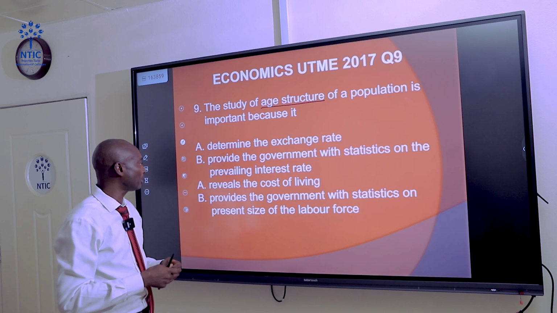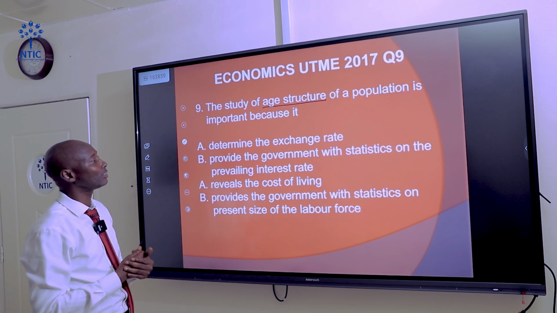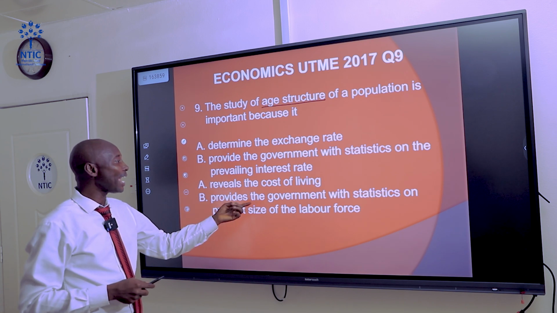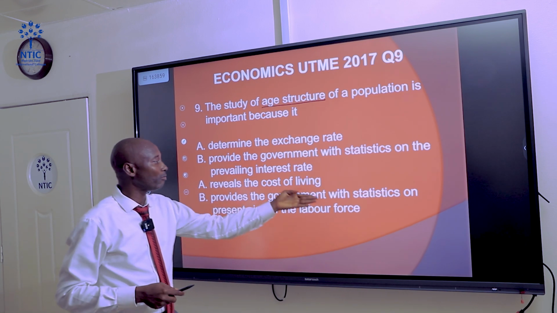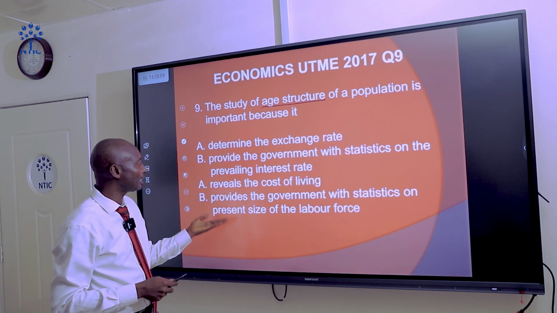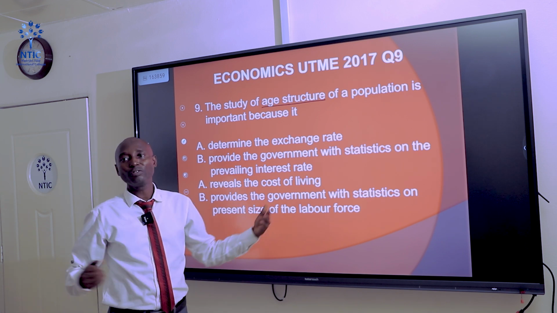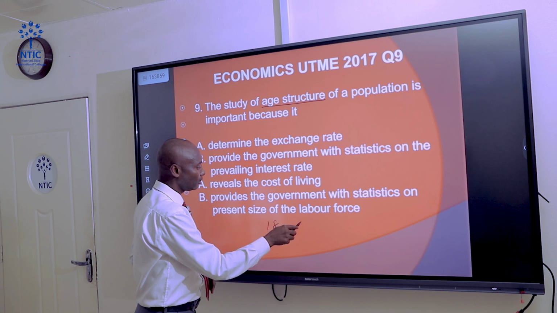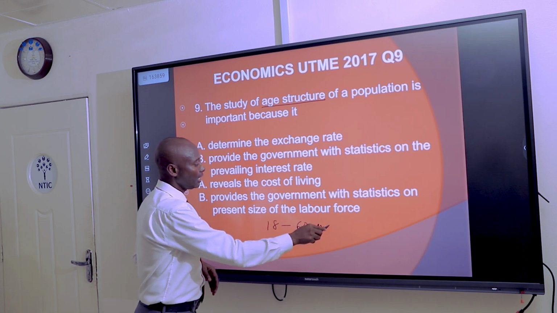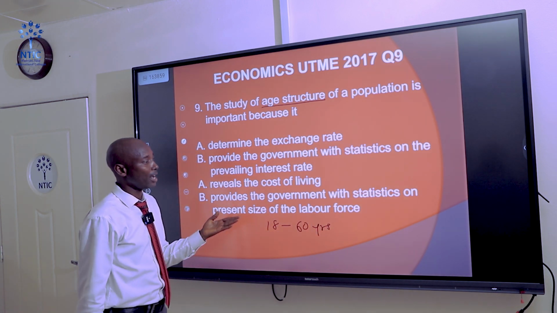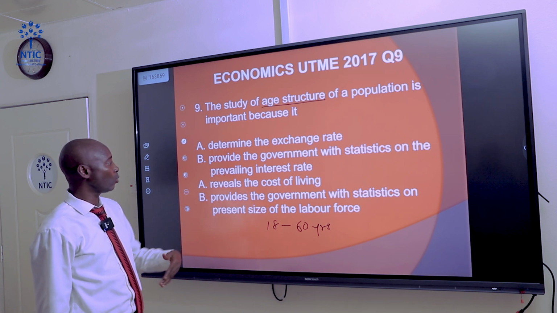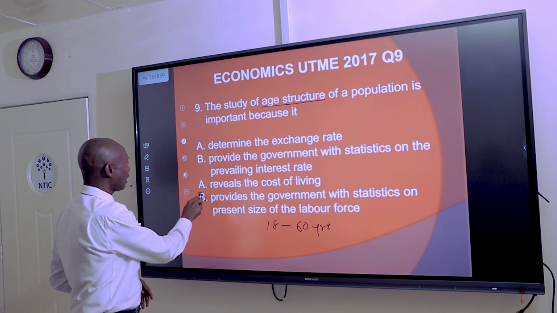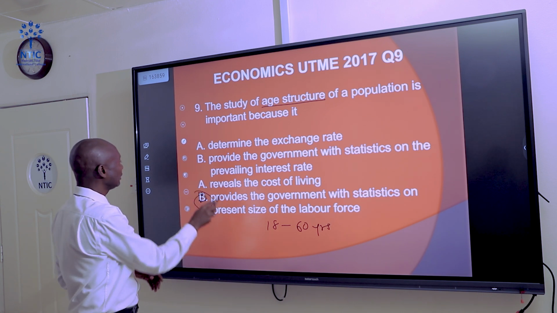We could see that it assists the government by providing statistics, that means data, on the size of the labor force. Our labor force ranges between 18 to maybe 60 years. Those are the active years that you can tag as the working population. And our answer here is D.